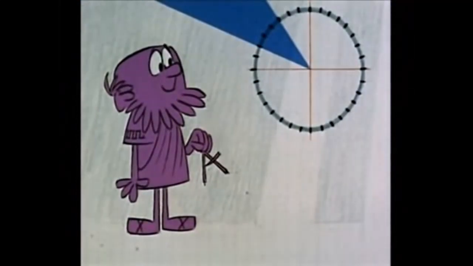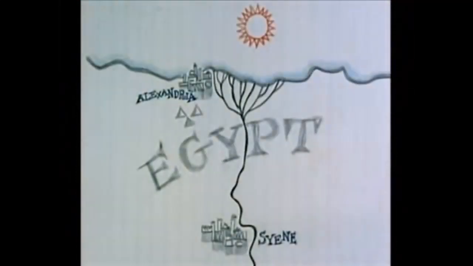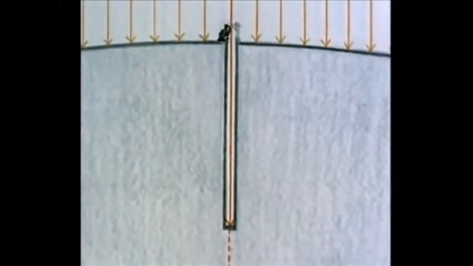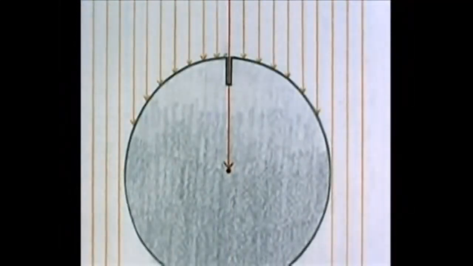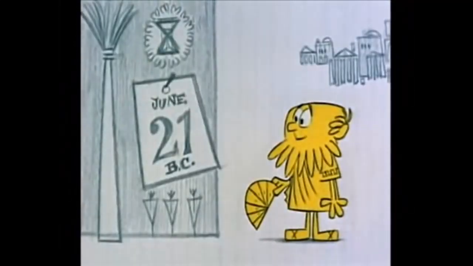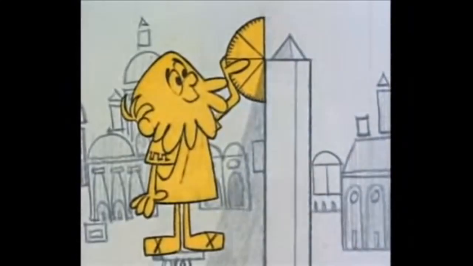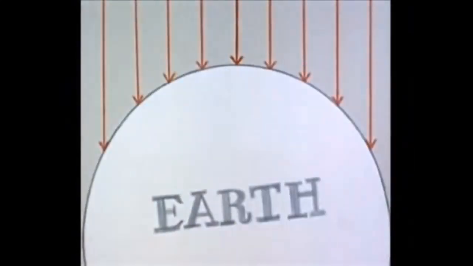Here is how. While visiting the city of Syene one midsummer's day, Eratosthenes noticed that the reflection of the sun could be seen in the bottom of a deep well. The sun was overhead, and the rays pointed to the center of the Earth. He remembered this, and on the next midsummer's day in Alexandria, he measured the shadow cast by an obelisk. Sunbeams travel in parallel lines.